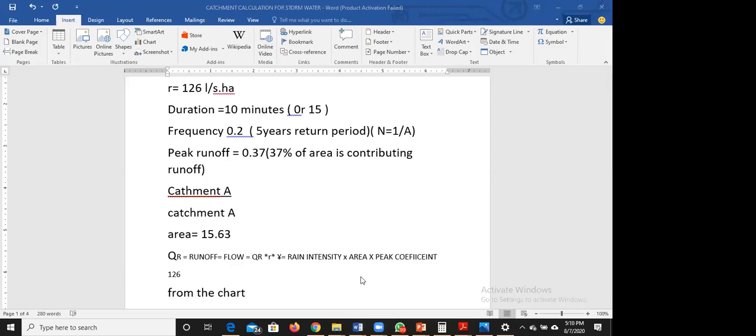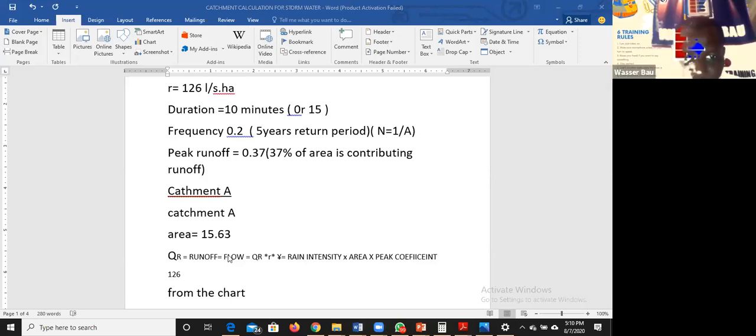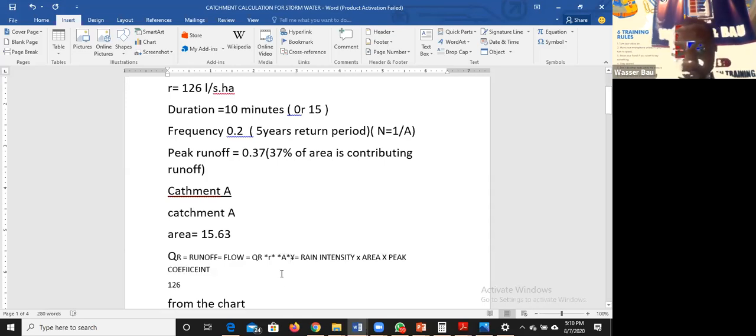I don't know if that's the expression of the coefficient. So look at it now. Q equals flow equals this, and equals A. Good. This is what it looks like.